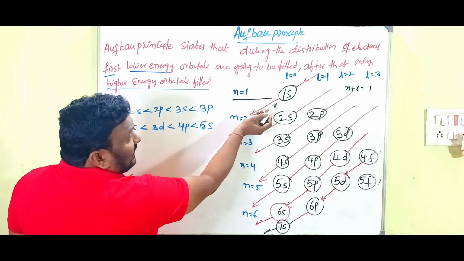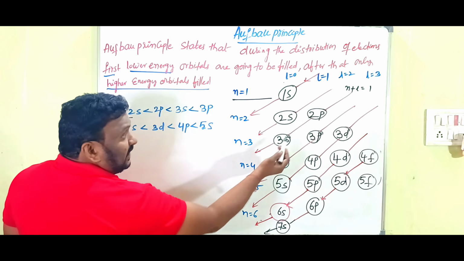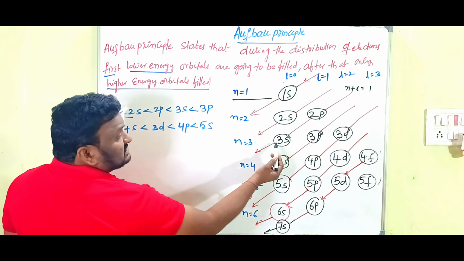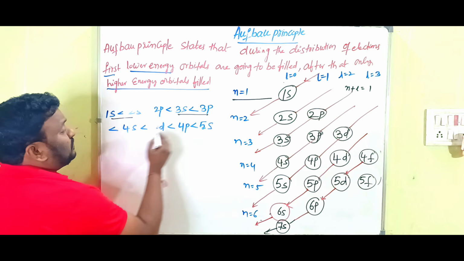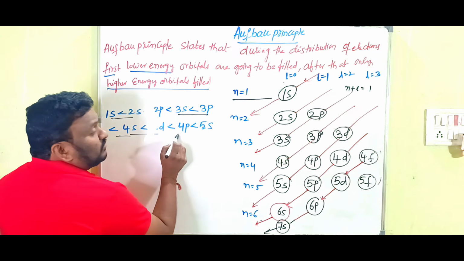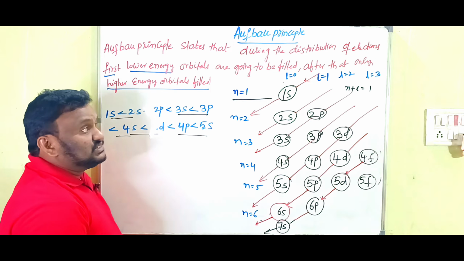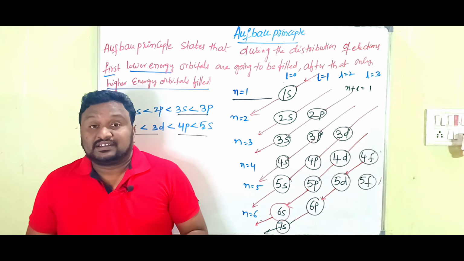So here 1s is less than 2s, 2s is less than 2p, 3s is less than 3p, 3p is less than 4s, 4s is less than 3d, and 4p is less than 5s. So you have to follow the Moller chart to distribute the electrons.